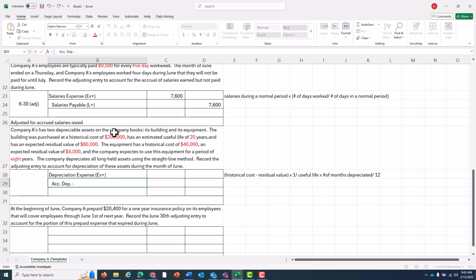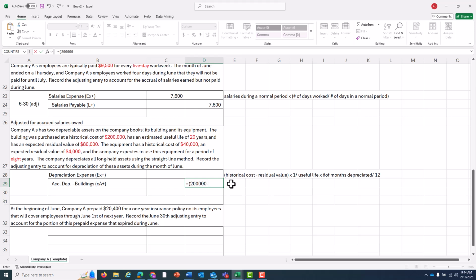So the first one is accumulated depreciation on our building, a contra asset account going up. And this account is going to keep track of how much value that building has lost over its life. Well, this is the beginning of its life, so how much value did it lose during this period? Let's fill in our formula. That building had a historical cost of $200,000.